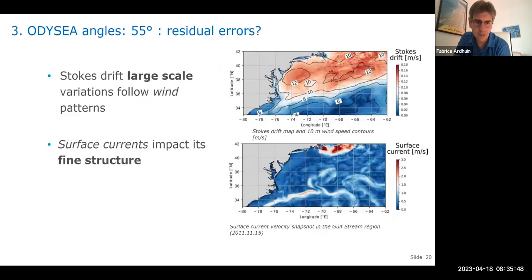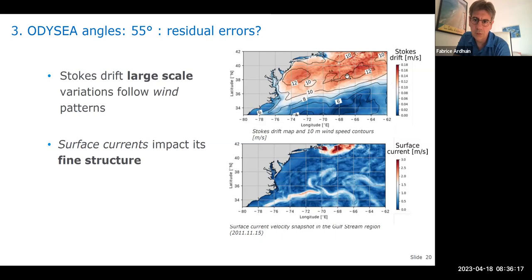So I don't have much more than that. It's just to give you some example of typical maps of Stokes drift and currents over the Gulf Stream. The contours on the top plot are the wind speed contours. Of course, the wind's not uniform, but it's typically large-scale variations, and all the small scale you see in Stokes drift is typically caused by the local currents.